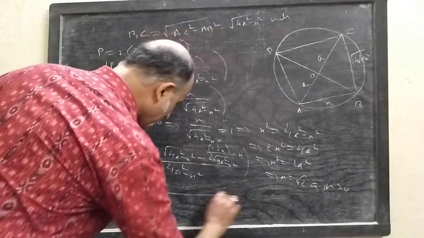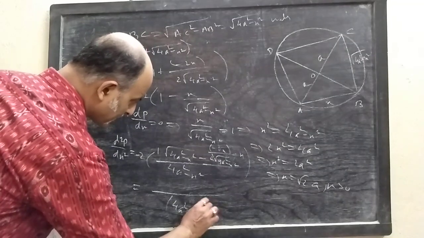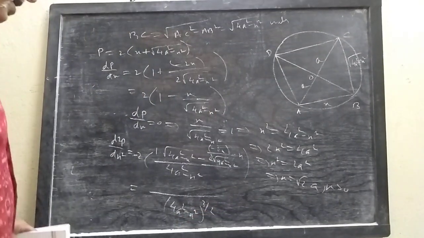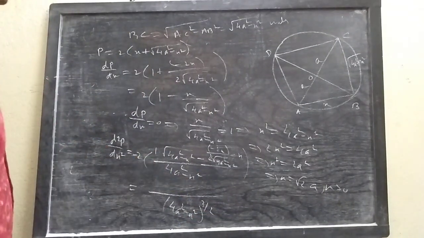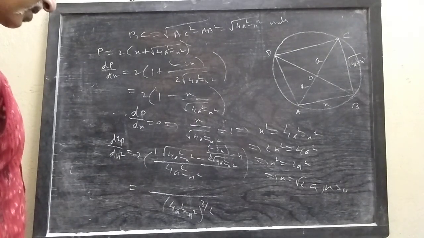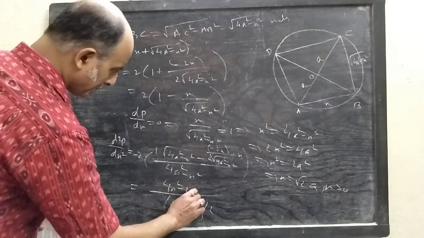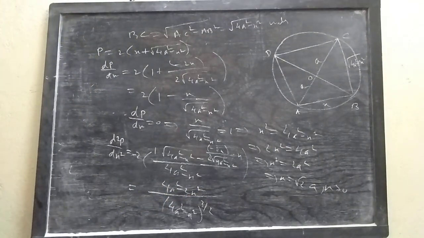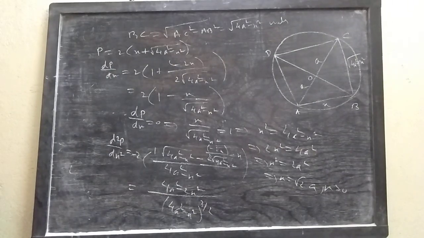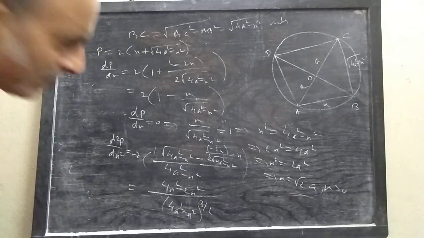In the denominator you will get 4a square minus x square to the power 3 by 2, and in the numerator this will be 4a square minus x square minus x square, so 4a square minus 2x square. This is d2P/dx2. Now we have to find d2P/dx2 at this point, at x equals root 2 a.